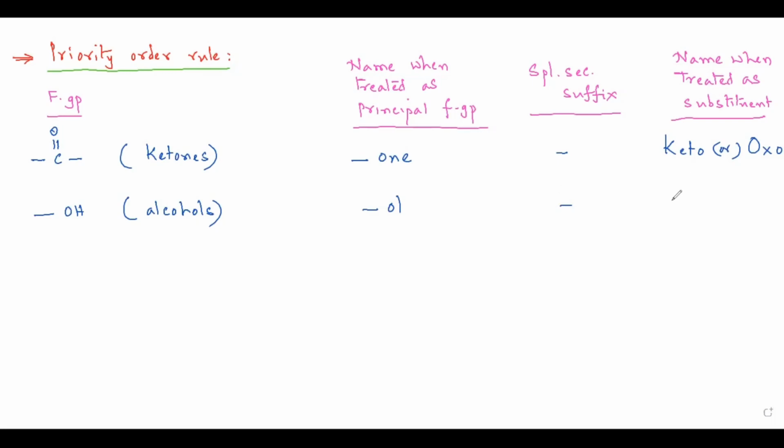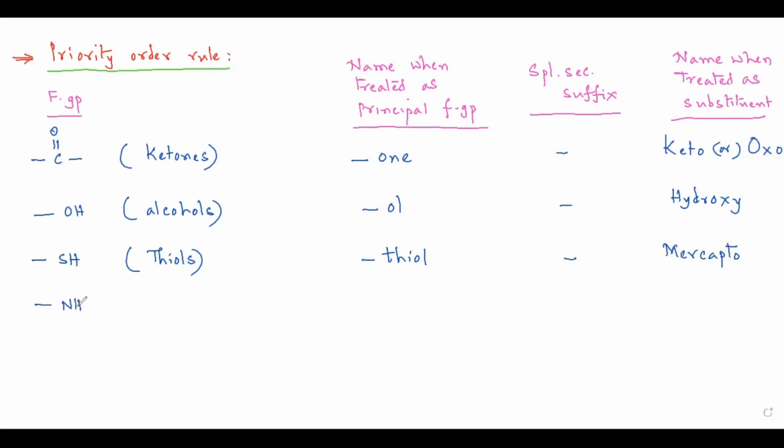And in this case, it is called hydroxy when treated as substituent. Coming to SH. See, these are called thiols. When treated as principal, it's called thiol. And when treated as substituent, it's called mercapto.